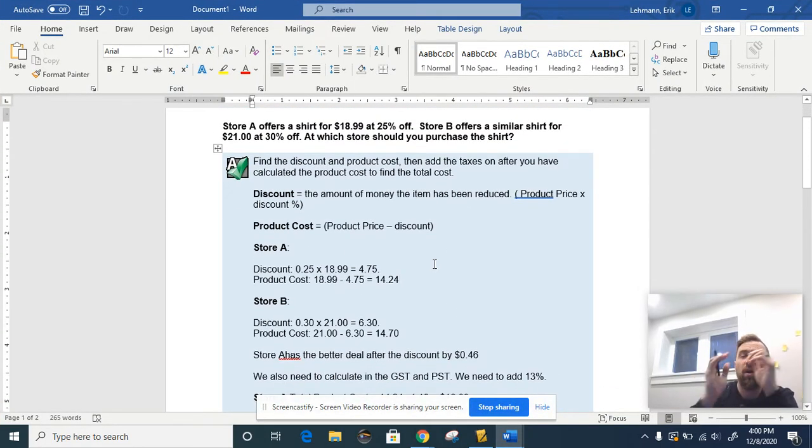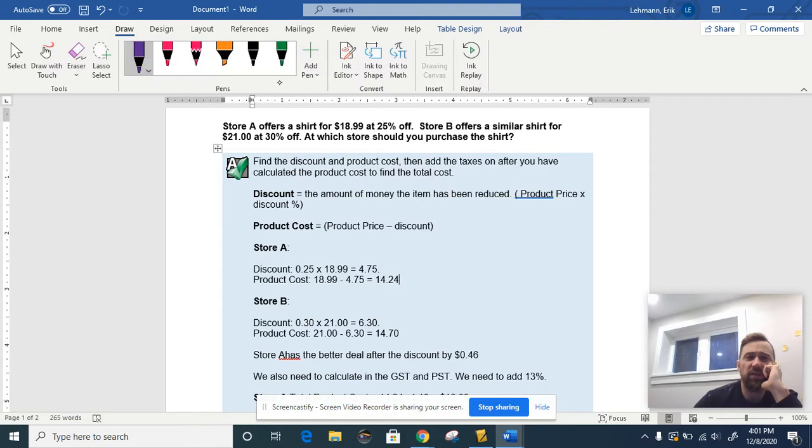When we're calculating a discount, we're talking about something that's generally a sale price. If you were in a store, you've got a shirt for sale at $18.99 and it is 25% off. So let's say we go to Giant Tiger, the shirt's $18.99, it's 25% off.